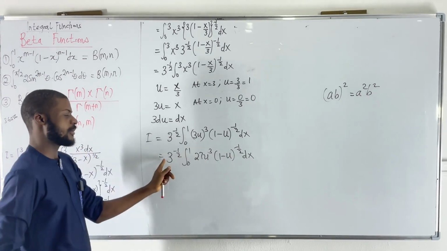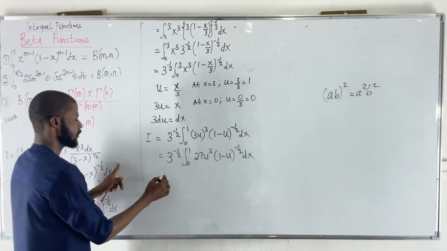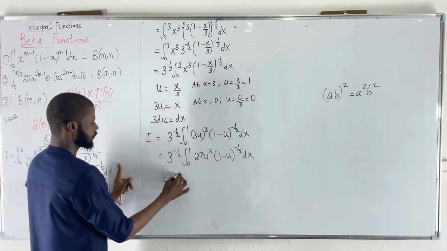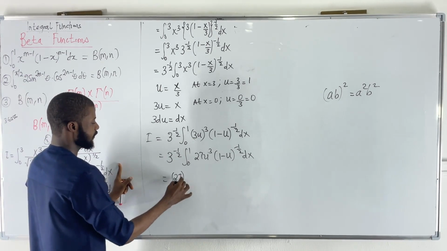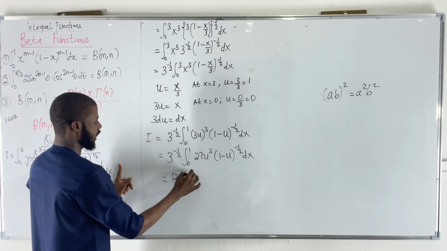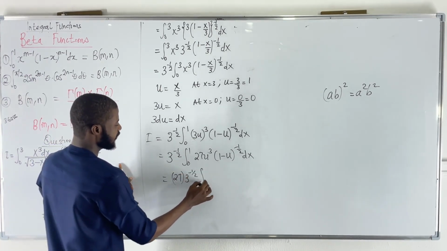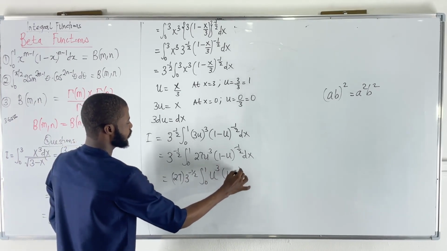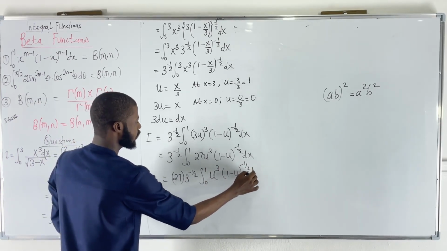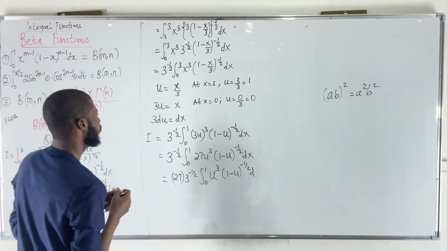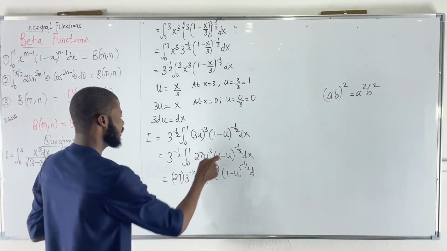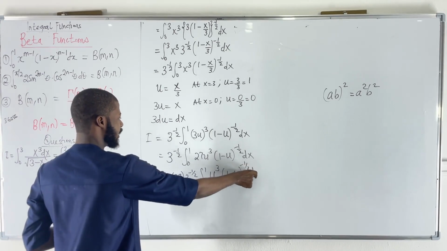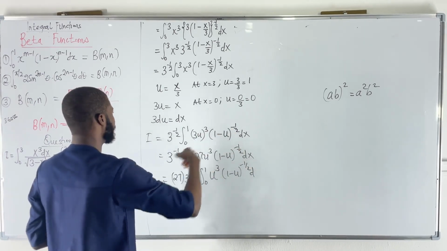Now the 27 can come outside. So this will be 27 times 3 to the power of minus half. Then we have the integral from 0 to 1, u to the power of 3, 1 minus u to the power of minus half. Sorry. There's still dx here. Every single thing should be u.